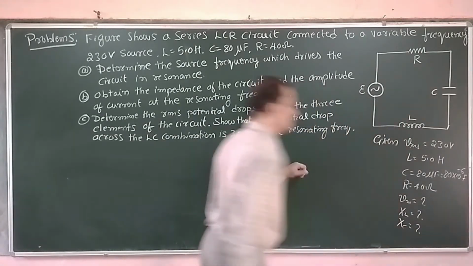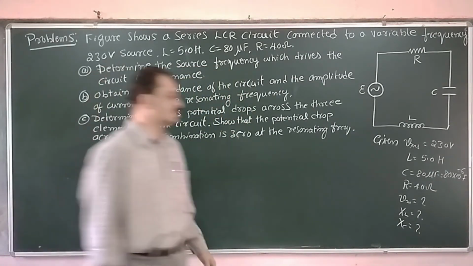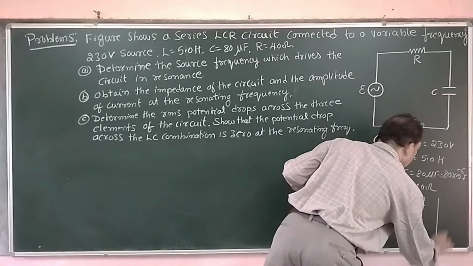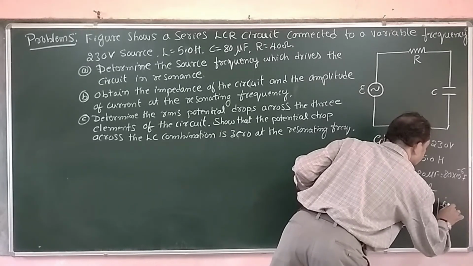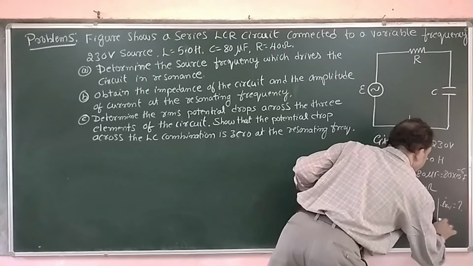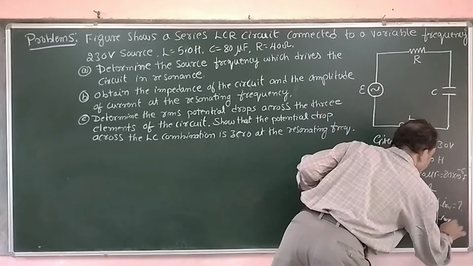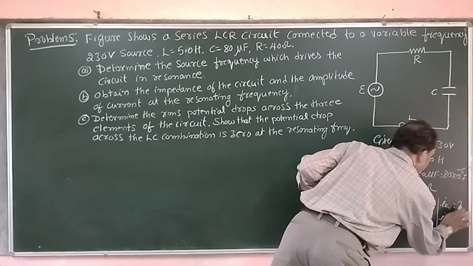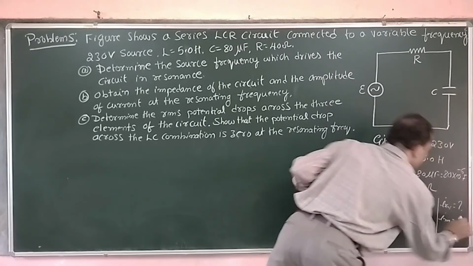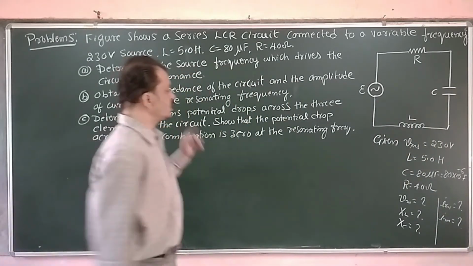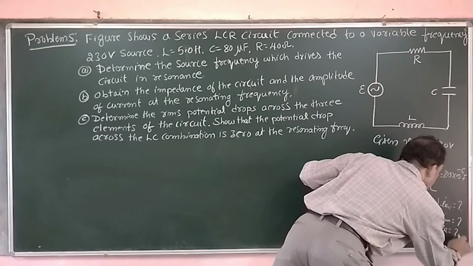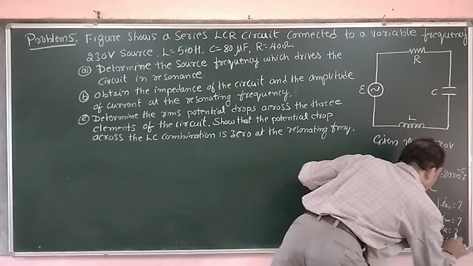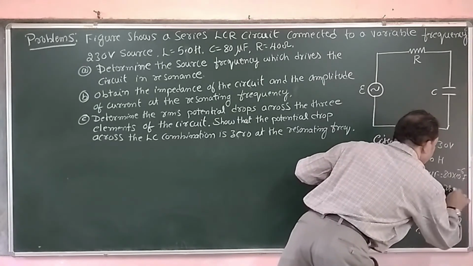XC, we have to calculate capacitive reactance. From these things I have to calculate the RMS value of the current and the peak value of the current, that is Im, and the voltage across the three components, that is VR, VL and VC.